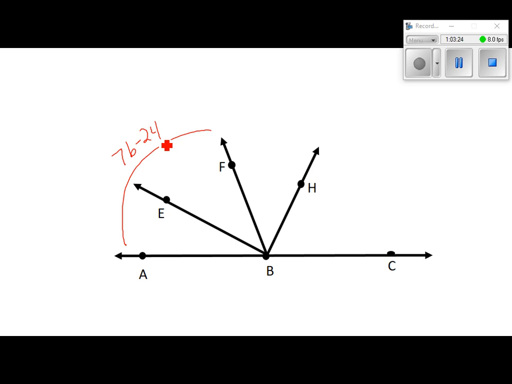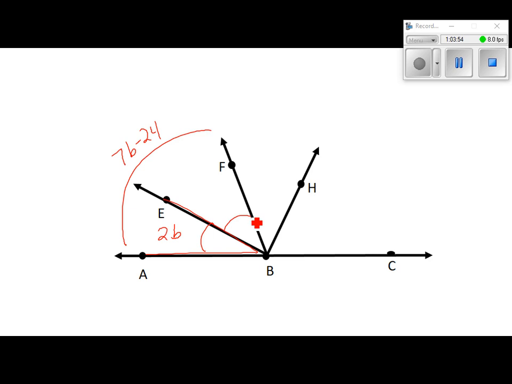7B minus 24 is that whole thing. Angle ABE, that's this angle, is 2B. We know that this angle and this angle were congruent from the directions, right? Can I set this equal to that? No, doesn't work. But I can set that times 2.